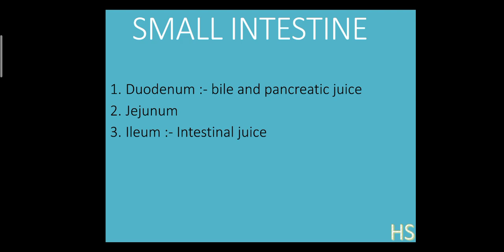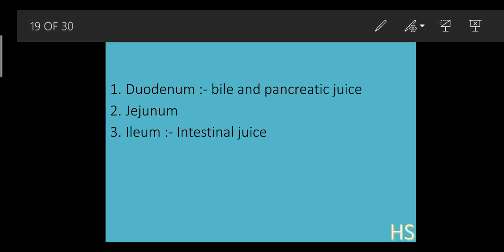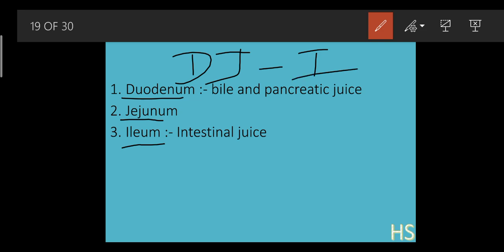Before starting, let's understand that the small intestine is differentiated into 3 parts: duodenum, jejunum and ileum. How to remember? DJI. The starting part of the intestine is called the duodenum, the middle part is called the jejunum, and the last one is called the ileum.